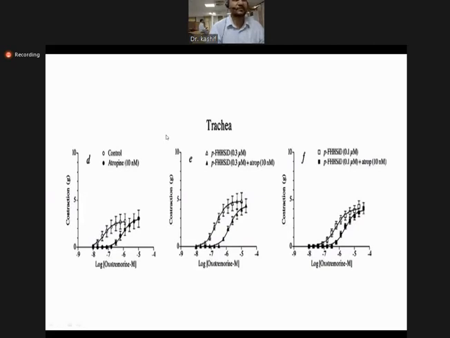Whatever you are saying, that histamine is a bronchoconstrictor, you have to perform it practically, or you have to see the phenomenon. In theory we say it's a bronchoconstrictor, it's a bronchodilator, but we perform these practicals so that you have a better understanding and confidence that whatever you've been taught actually happens in practice.